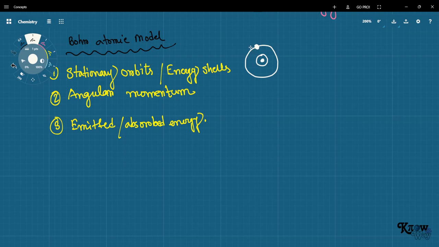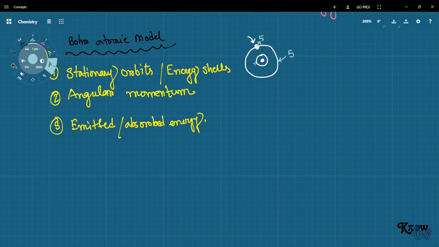This electron will only stay in its energy shell because it has a particular energy. Let's say its energy is 5, and the requirement of this orbit is 5. To be in this orbit, you have to have not more than 5 amount of energy, and this electron already has that 5.